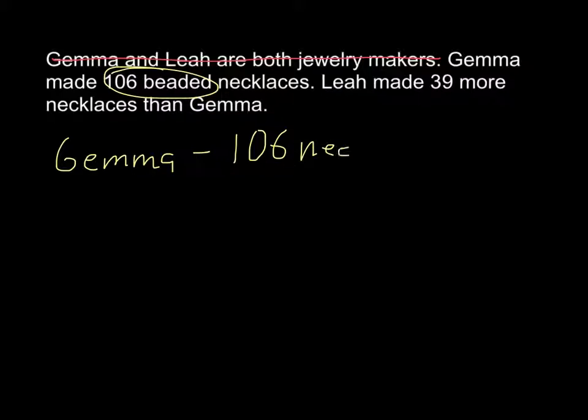Gemma made 106 beaded necklaces. What I'm going to do here to help me is write Gemma, and she had 106 necklaces. This is called writing your givens. Leah made 39 more, and I'm going to draw an image to help me with that.